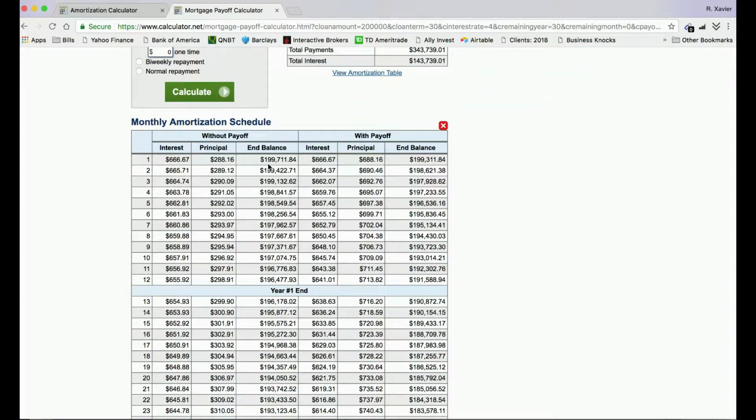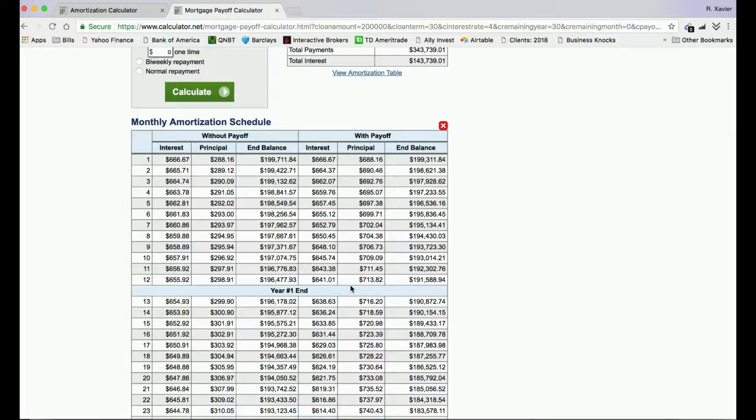Now, you can look at the schedule and see that after a year, without any extra payments, you'd owe, with these levels, this loan amount, this rate, which you've got to take with a grain of salt and then just look at the larger concepts, $196,477.93 at the end of the year. But with the extra payments, you'd owe $191,588.94.